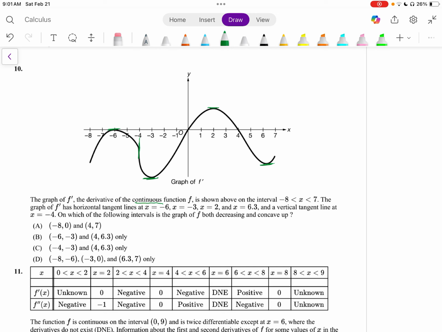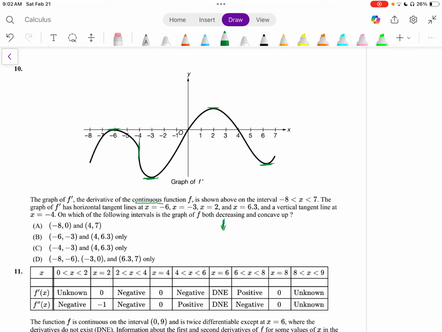Well, we have f prime, and we learned if f prime is decreasing, that means... this tells us about f. Oh, sorry. f is decreasing.